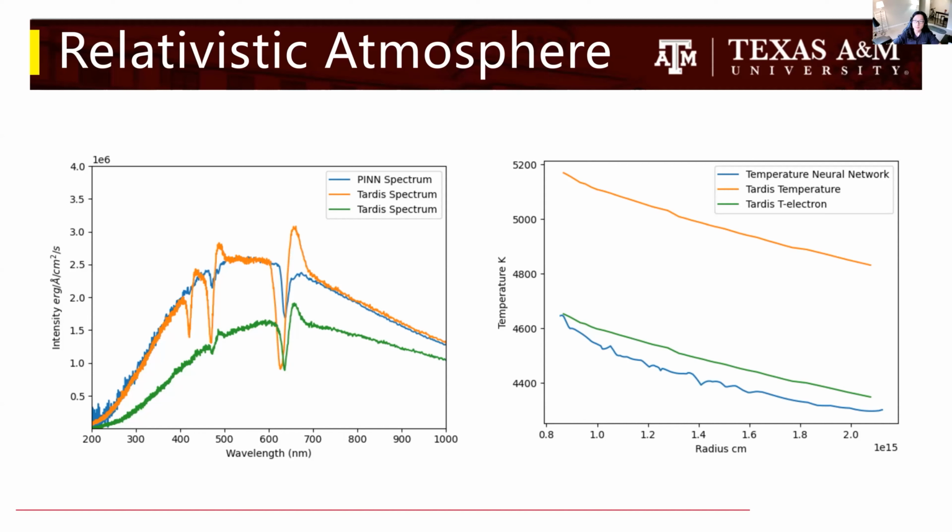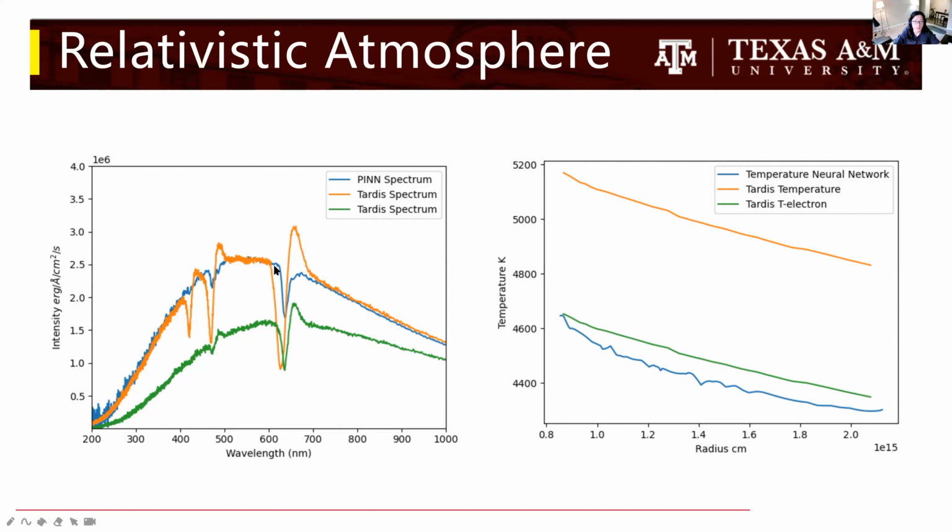It is because of the physics inside TARDIS. In TARDIS, there are two kinds of temperature. One is called the radiative temperature, the other is called the electron temperature. We suspect when calculating a black body spectrum, which is the continuum shown here, the temperature used in TARDIS is the electron temperature.